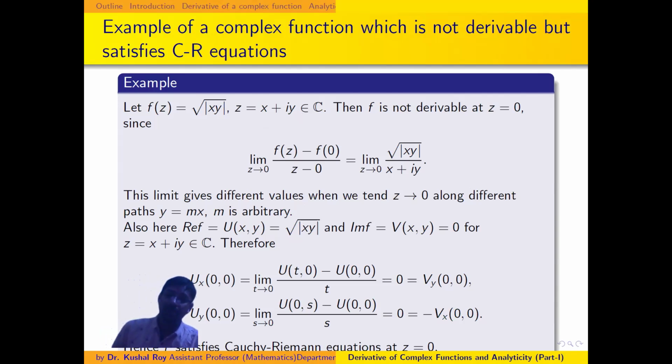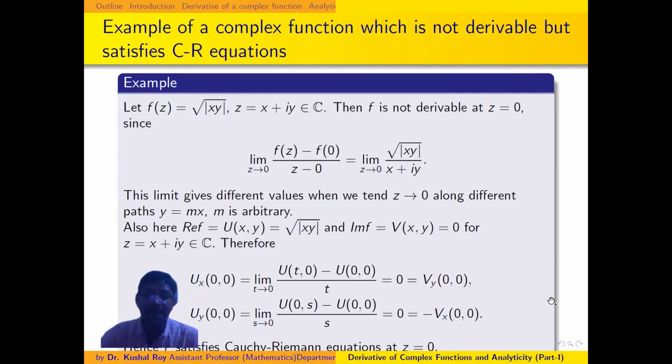Since the y coordinate is 0, the value of u(t,0) is 0, and u(0,0) is definitely 0, and therefore the partial derivative is 0. In a similar way, v_y(0,0) is 0, u_y(0,0) is also 0, and similarly v_x(0,0) is 0.